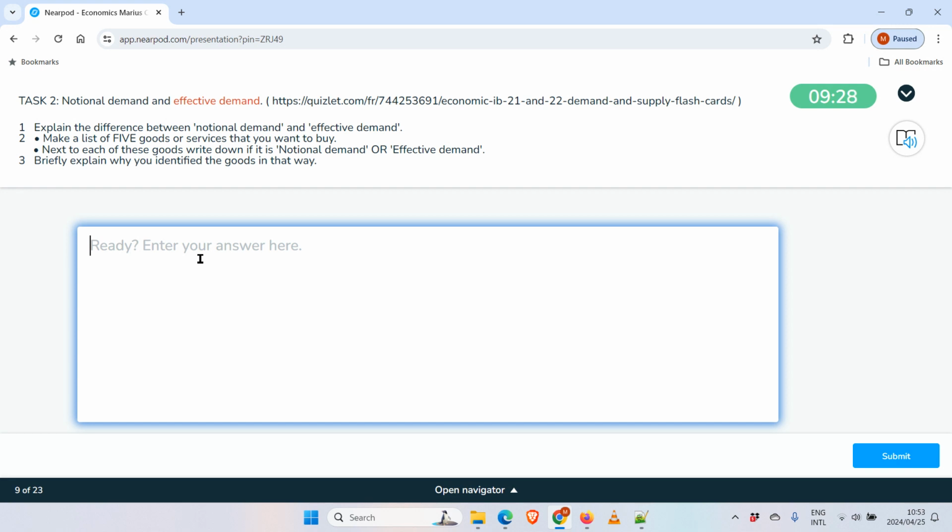They will start maybe by describing, number one, the difference between notional and effective demand.